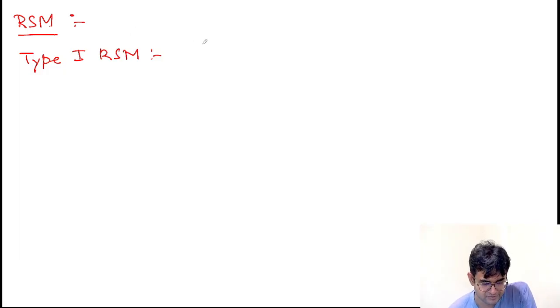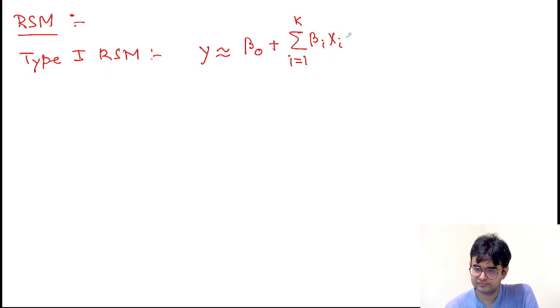In type 1 RSM, you write Y equal to beta naught, which is W naught by the way, plus summation i equal to 1 to k, beta i xi. A linear model, not a linear regression model, a linear model in X. This is known as type 1 response surface method or response surface model.